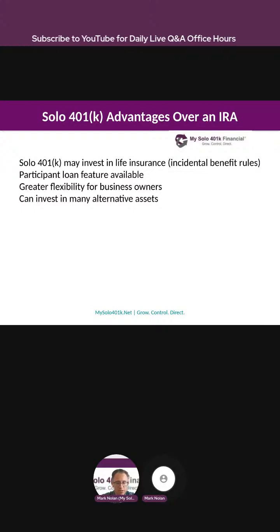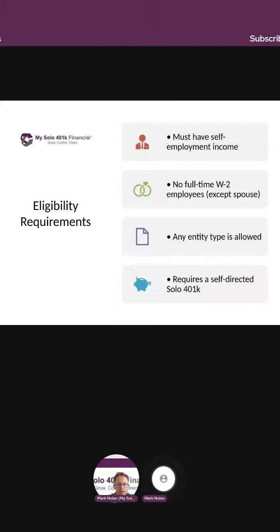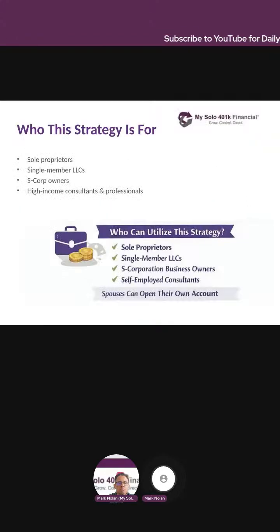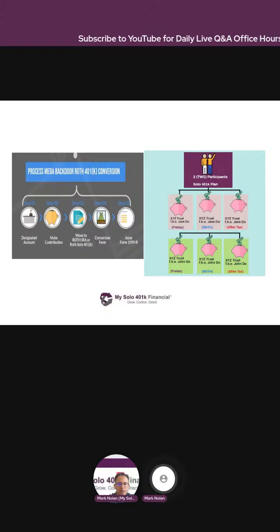So each could conceivably borrow up to $50,000 if they have enough funds in the plan. For example, if both spouses are self-employed in the same self-employed business, then both spouses can borrow from the solo 401k plan, resulting in 2 solo 401k participant loans.